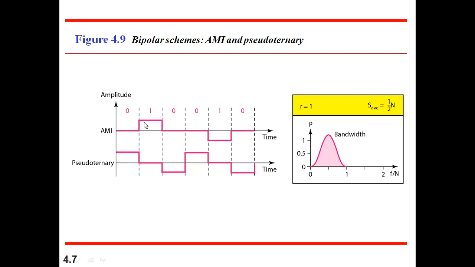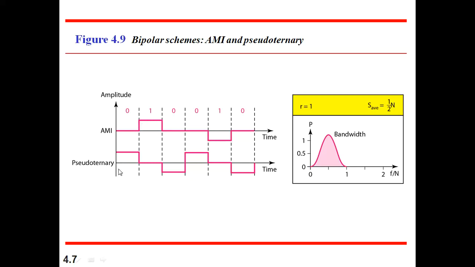It should take the inversion of the previous 1 bit. The previous 1 bit has taken the positive voltage here, and the next bit 1 is taking negative voltage. Suppose in the upcoming bits a 1 occurs, it will take the positive voltage. So this is about alternate mark inversion. The name itself says it: whenever there is a 1, alternately it will take the positive voltage and negative voltage, and vice versa.